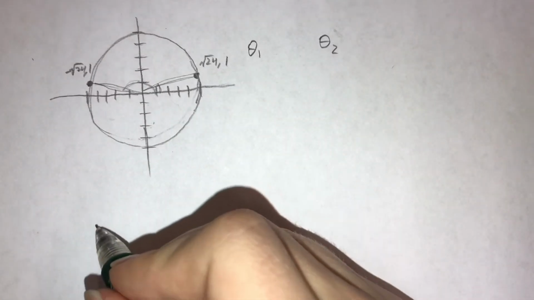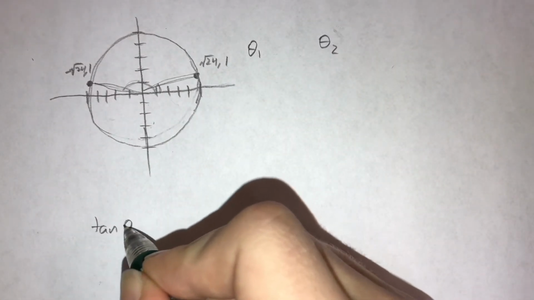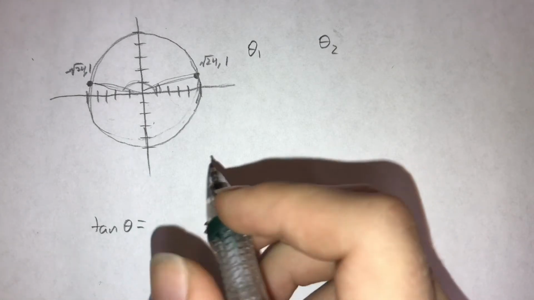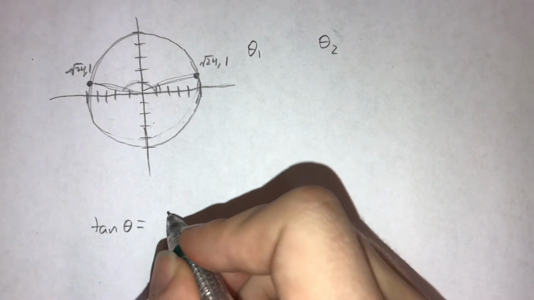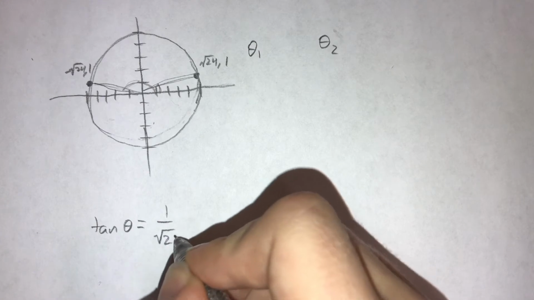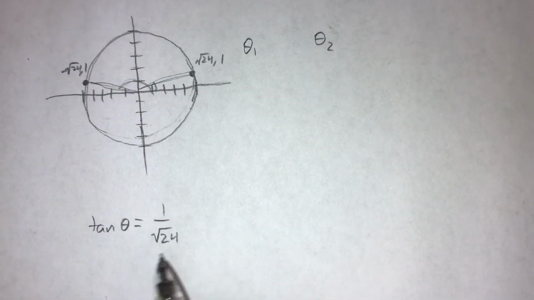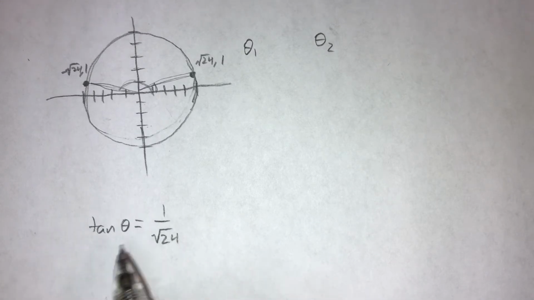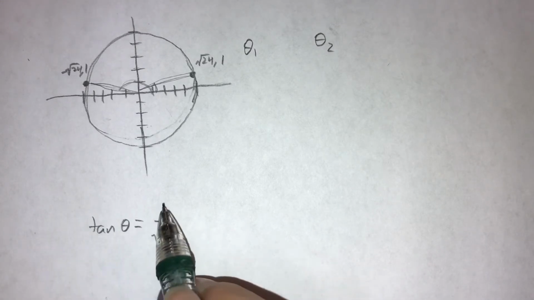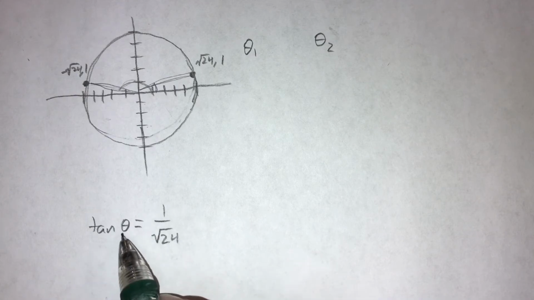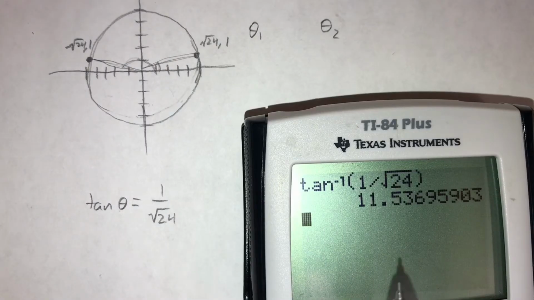So we know that tangent of theta is going to equal 1 over the square root of 24. So I'm just going to take the inverse tangent of 1 over square root of 24, and that will give us theta. On my calculator here, I got this number.